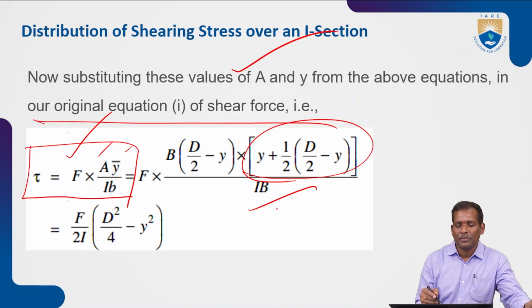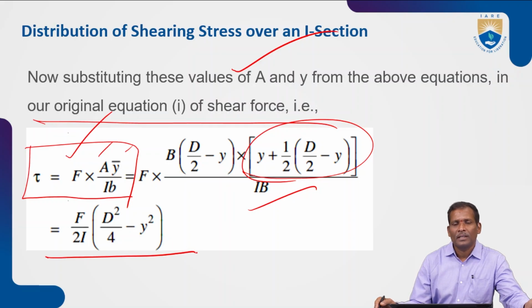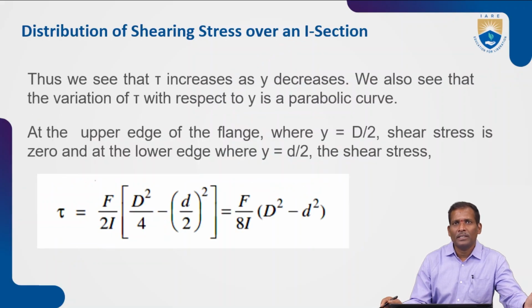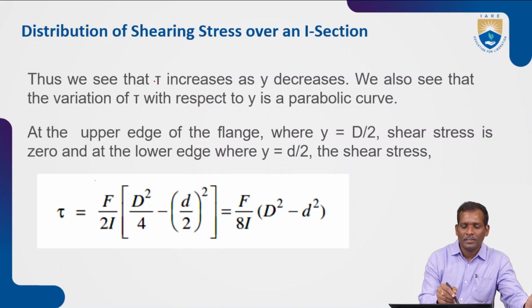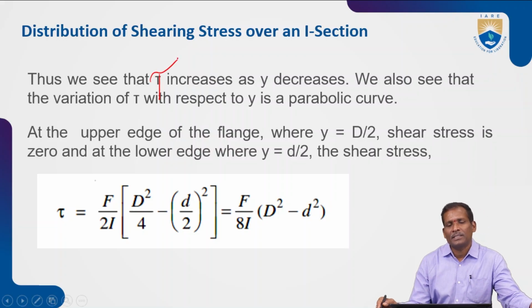After simplification we get tau equal to F by 2I into d square by 4 minus y square. Thus, we see that tau increases as y decreases.